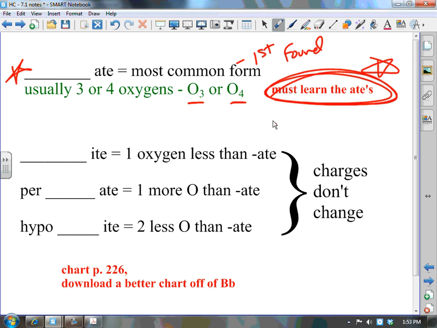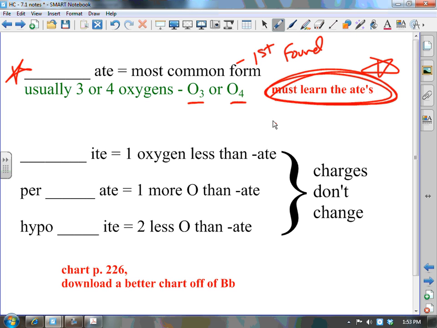If you see something that has per-blank-ate, that means there's one more oxygen than what that -ate has. And if you see hypo-blank-ite, that means there's two less oxygens than the -ate.